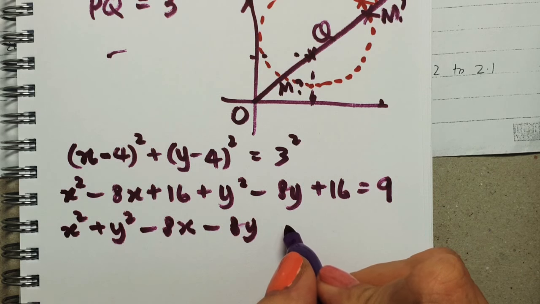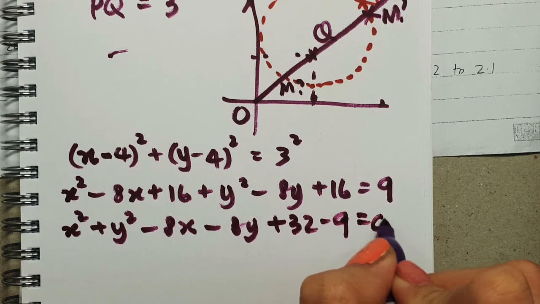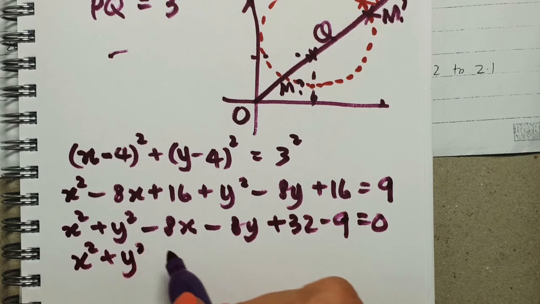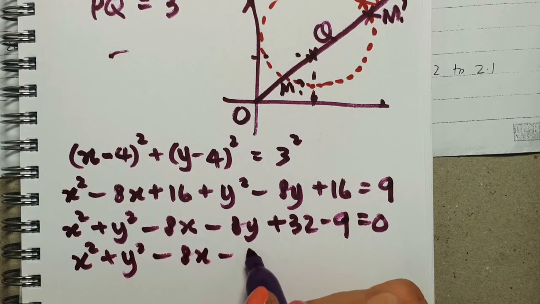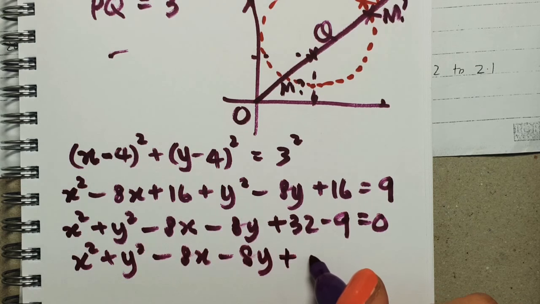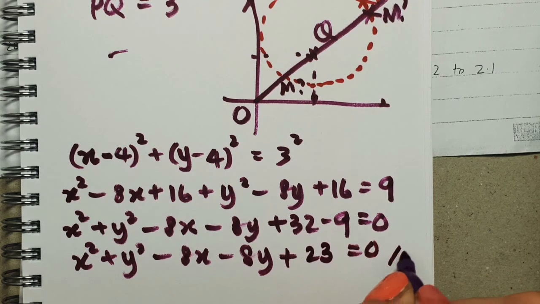And plus 32 minus 9 equals to 0. Okay, solve this part. So we have x squared plus y squared minus 8x minus 8y, and then plus 23. Is it 32 minus 9? 23, yes. So this is our locus of P.